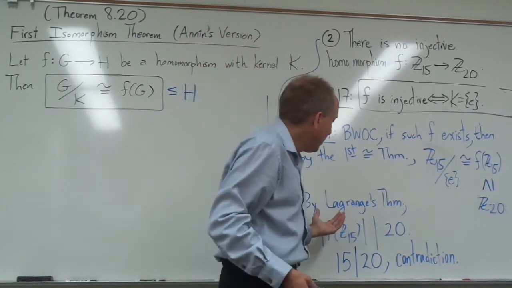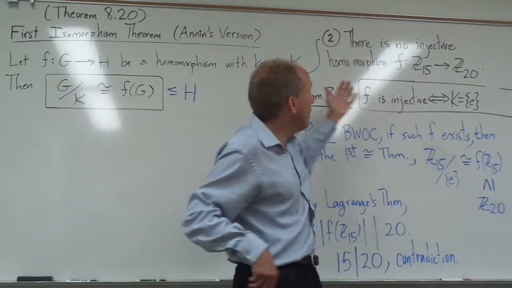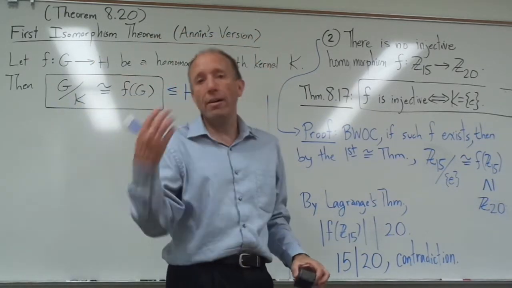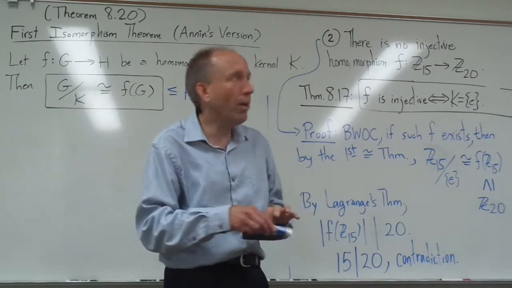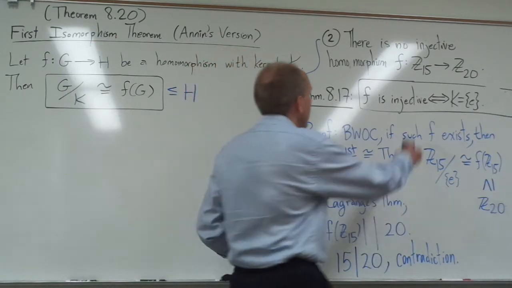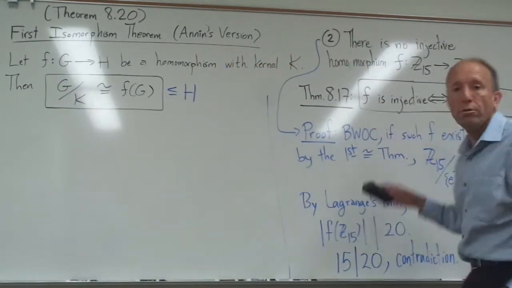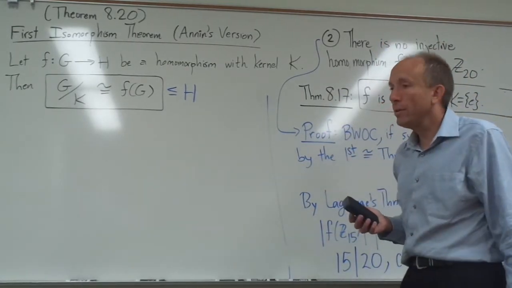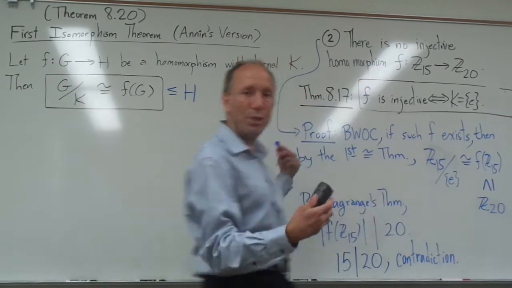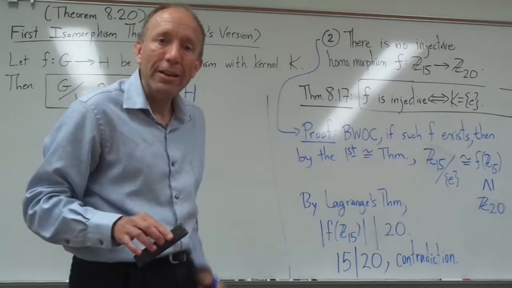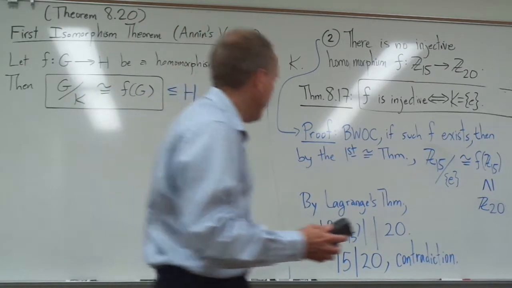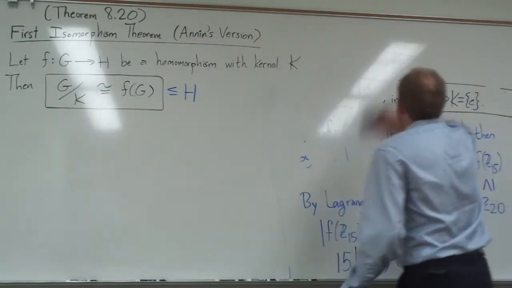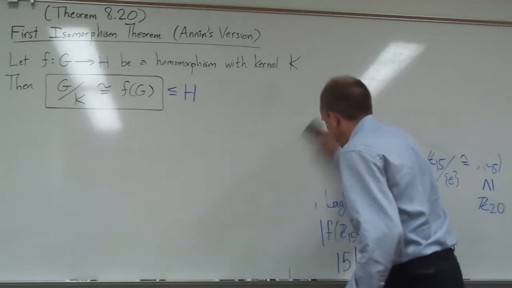The only thing we're really using in either one of these applications is the size of the groups that are involved. That's really all that comes into play. So we could change these groups to non-abelian groups or non-cyclic groups. The cyclicity of the groups that I've been using in these examples is not really of fundamental importance to why these things are working.